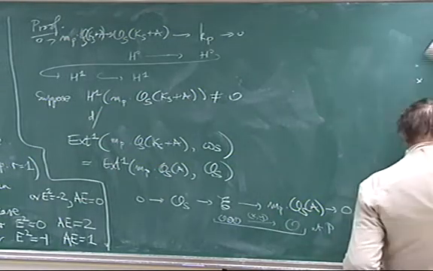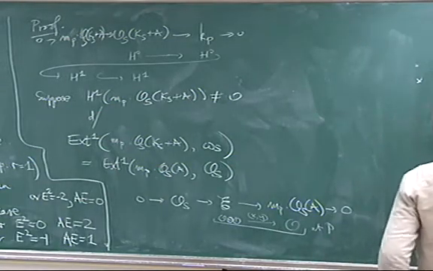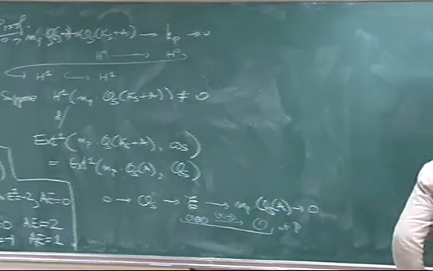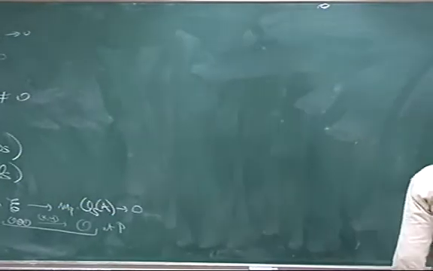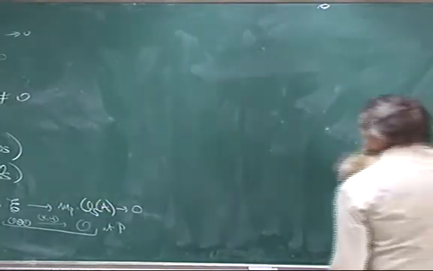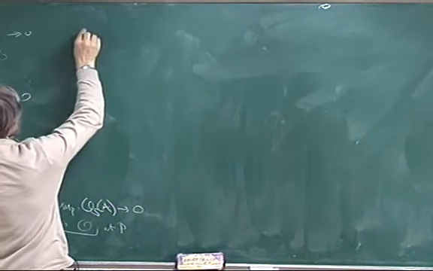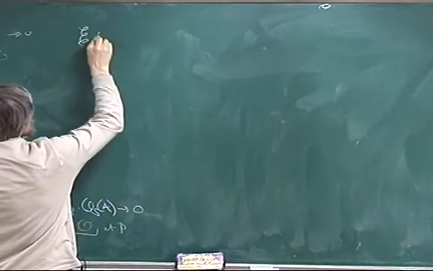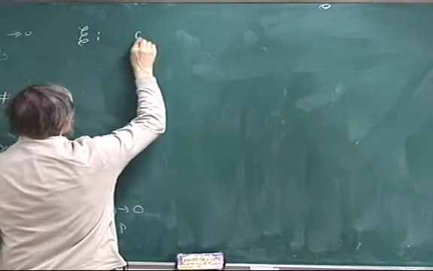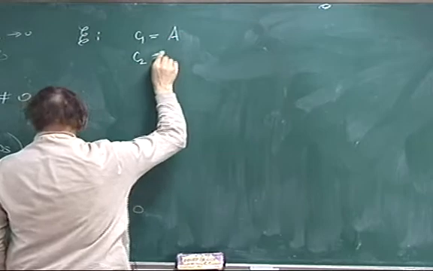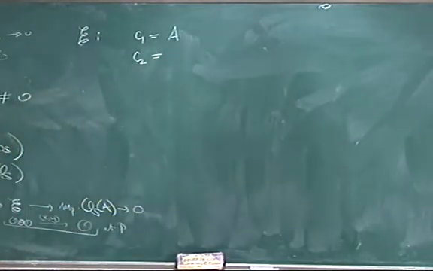So I'm going to draw this diagram again. And so, what do we know about E? It has C1 equals A, and C2 equals... Or can you prove that E is locally free?